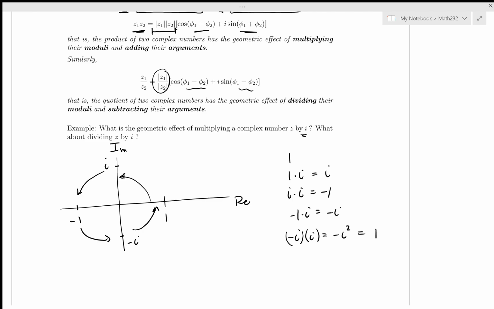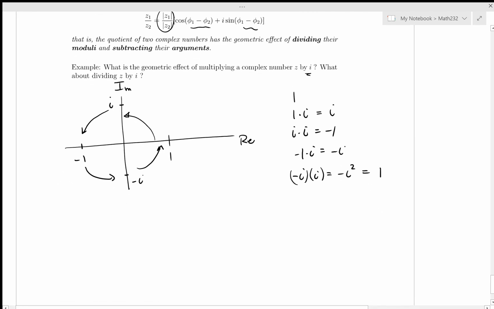90 degrees. And you'll notice that if we go back to grade school, if you had the number 2 here, and you asked what happens if I multiply 2 by minus 1, you would say it flips over to here. How much better to say, if I multiply by minus 1, I rotate by 180 degrees.